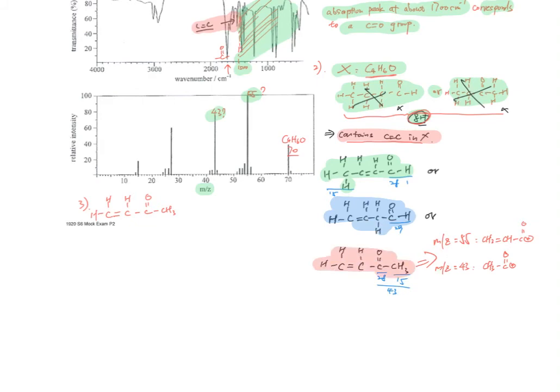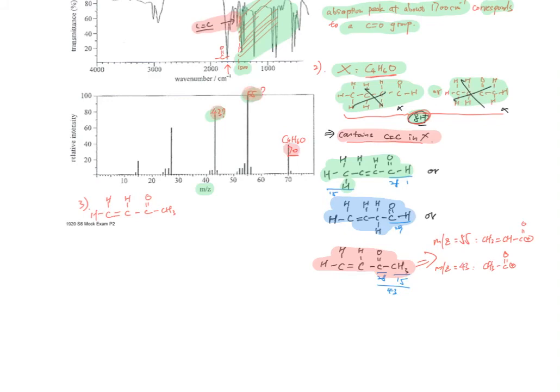Which one is the correct answer? Then you just need to analyze the fragment peaks on the mass spectrum. So 55 and 43. This one is 70.